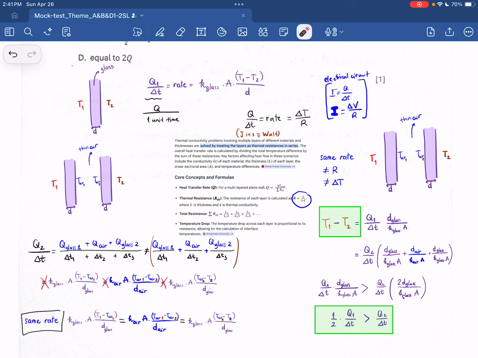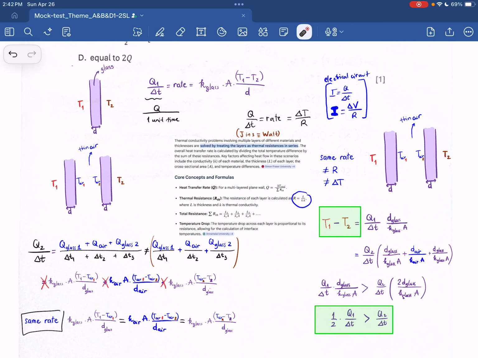So this would be the D of the glass over the K of the glass and the cross-sectional surface area. And then this one will be the D of the air, the K of the air, and also the surface area, which is the same A, and then the last one like this.